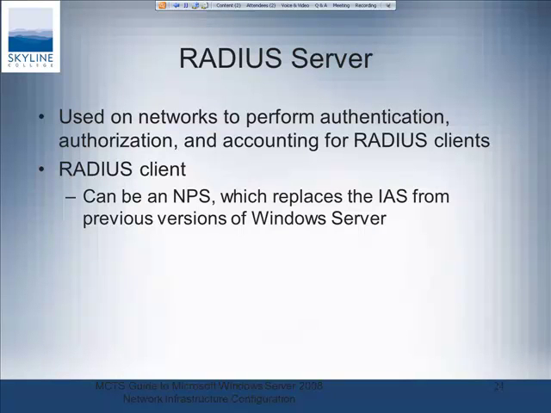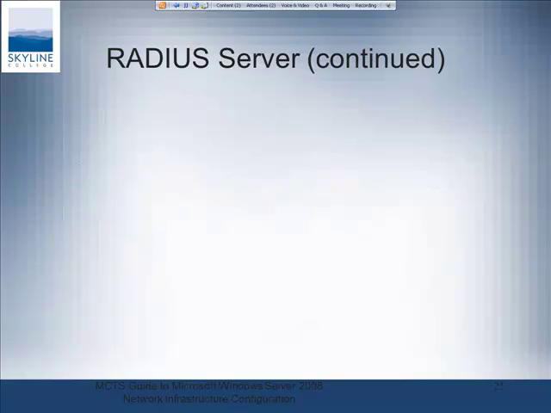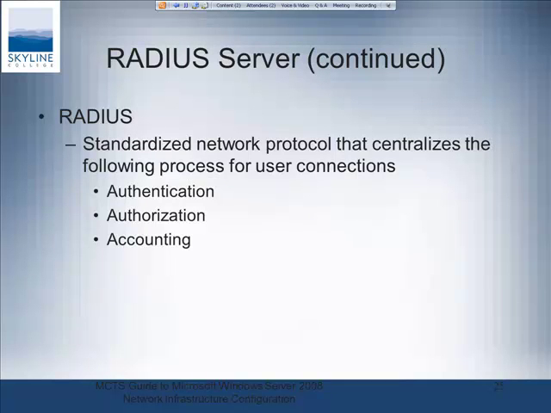Authentication, authorization and accounting, and I don't know how many times we can say that, can be done by NPS, which replaces IAS, Internet Authentication Server, from previous versions of Windows. IAS was just a fancy name for RADIUS, as far as I can tell. The service that we always used in it was RADIUS, but they have accepted it now and named it RADIUS.